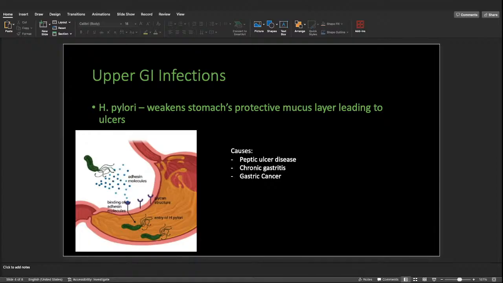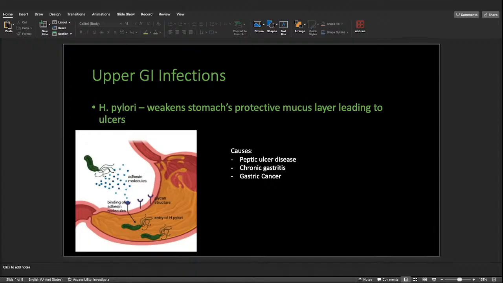That's generally how it works. And we're going to talk about specifically how the medications can help prevent this from occurring and worsening this infection as well.